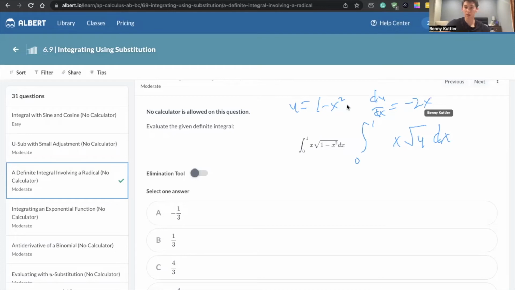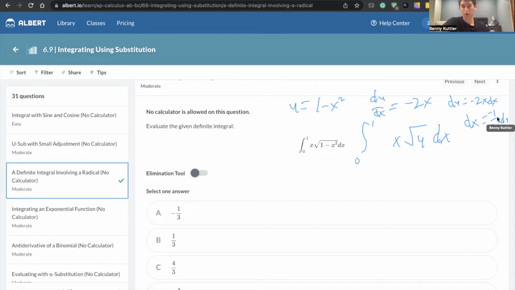And what we want to do is substitute this du into this dx expression. So we want to isolate dx, and we can do that. We get du equals negative 2x dx, and then dx equals negative 1 over 2x du.